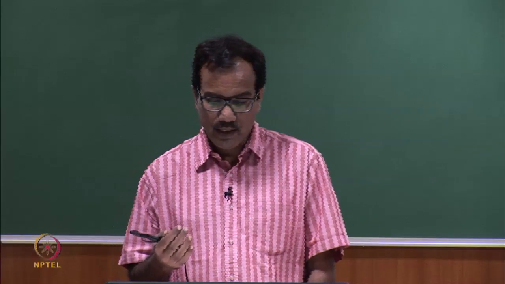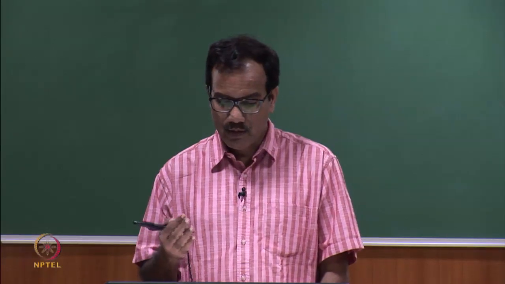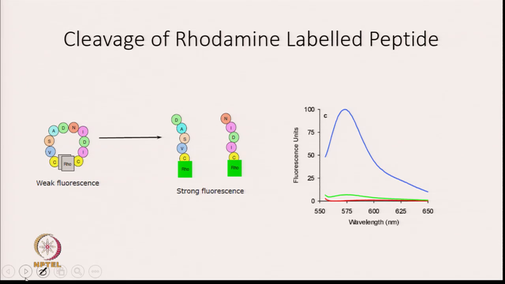Now, this is one example where a labeled peptide is studied by time resolved fluorescence. So, this peptide is labeled with rhodamine, and this is the peptide and this is the rhodamine.